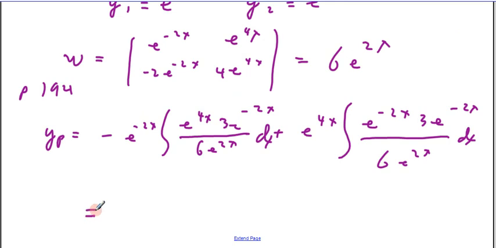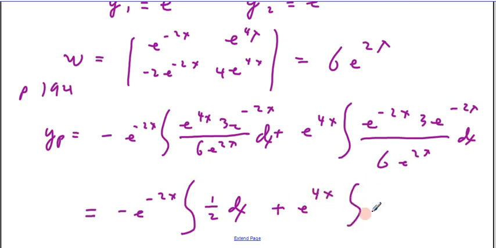Alright, and then we're going to have minus e to the minus 2x integral. I've got 2x on the bottom, I have 2x on the top, I have 3, and I have 6, so this is 1/2 dx plus e to the 4x integral. I got minus 4x on the top, I've got minus 6x, so I got 1/2 e to the minus 6x dx.